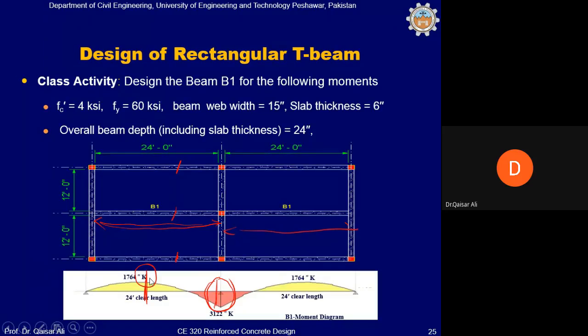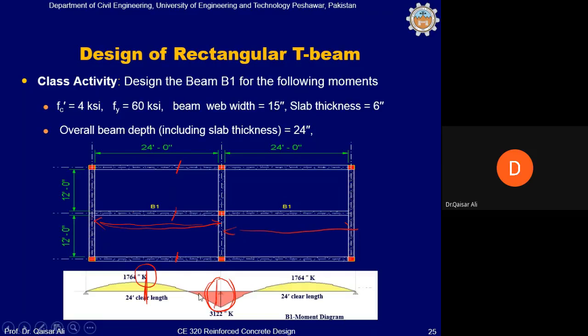So you can just start with the assumption of small a equal to 6 inch, then calculate As, recalculate a, and see whether the beam shall be designed as a T-beam or rectangular. For the negative bending moment, there is no need of bf because the flange portion is in tension and the web portion is in compression, and the compression area is bw times small a.